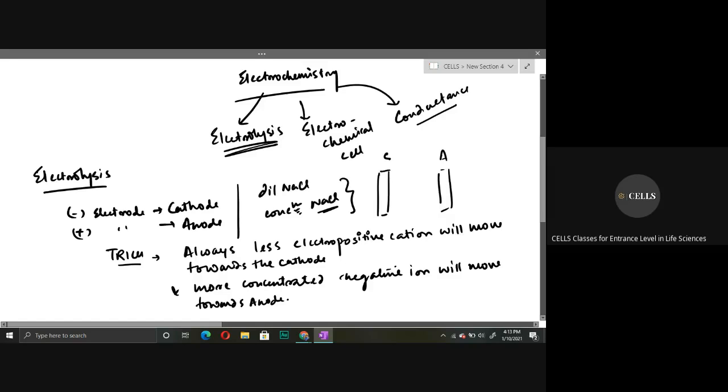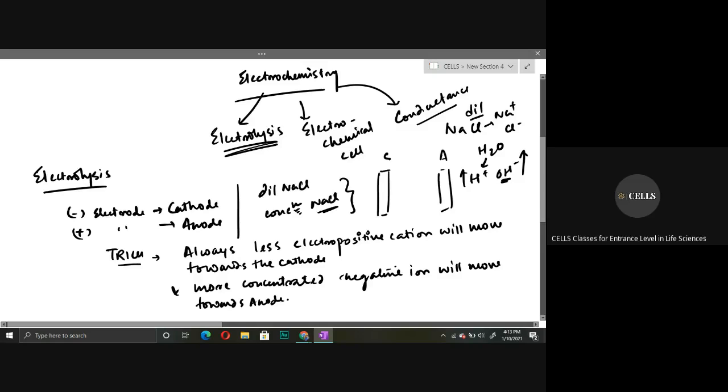Now if you give a NaCl solution, dilute means there is also H2O. H2O means H plus and OH minus. NaCl means Na plus and Cl minus. And dilute solution means the OH minus and H plus levels are very high.